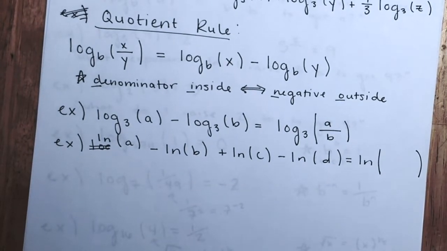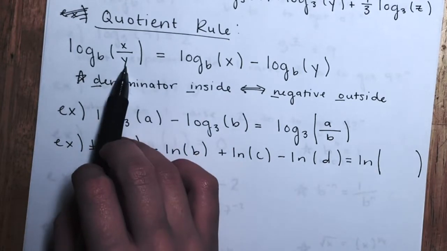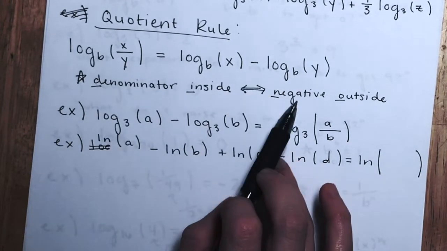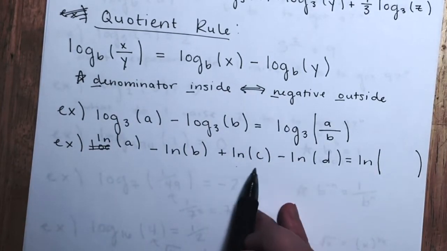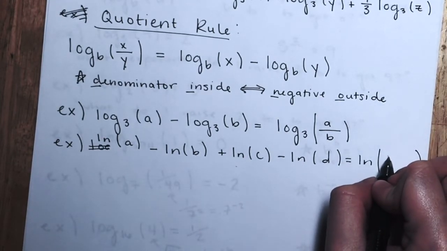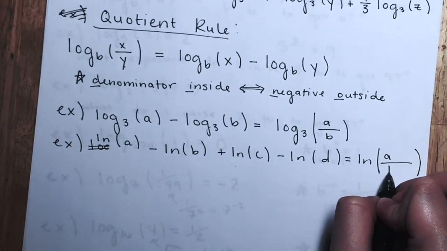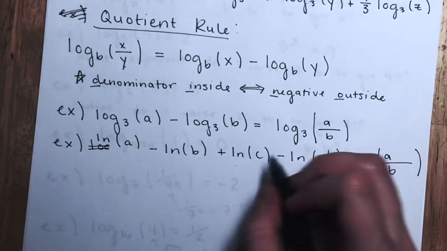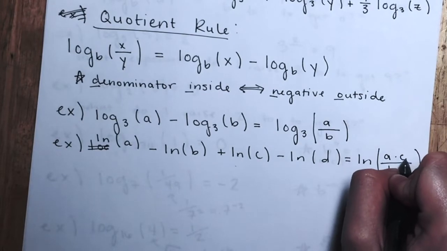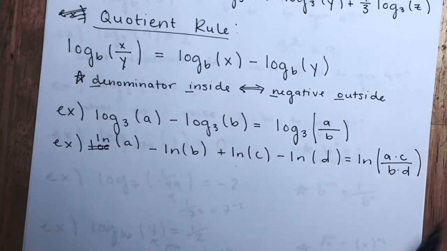It doesn't, right? Because in order for c to be in the denominator, it needs to be negative on the outside, but it's positive. So this c is actually going to be on top. So we have a is positive. We're dividing by b. We're multiplying by c on top, and d is also in the denominator. So this is our answer.